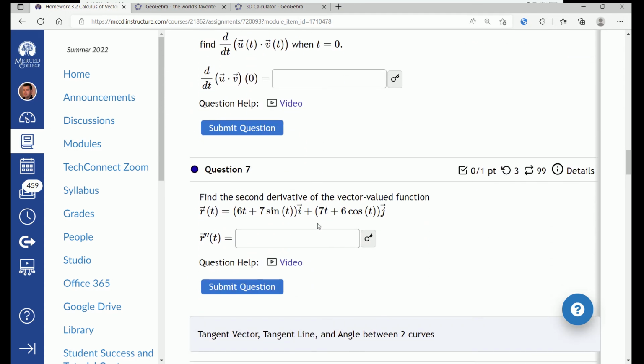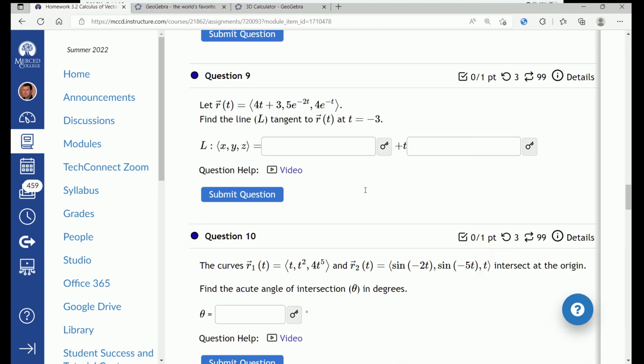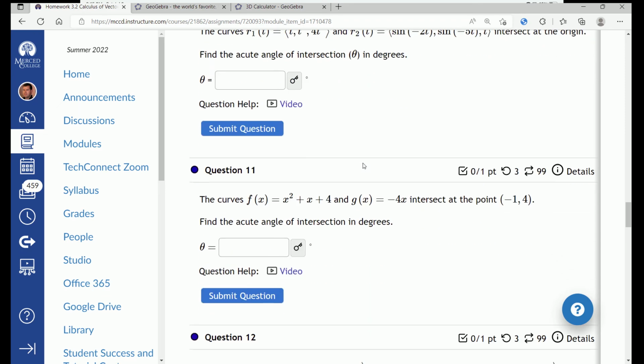Derivatives of dot products. Second derivatives, easy. Tangent lines, easy enough. We do all these. The curves intersect at the origin. Find the acute angle of intersection.